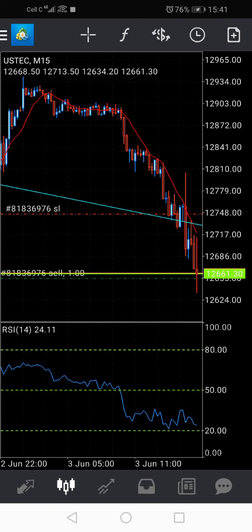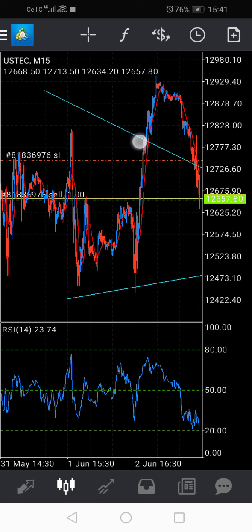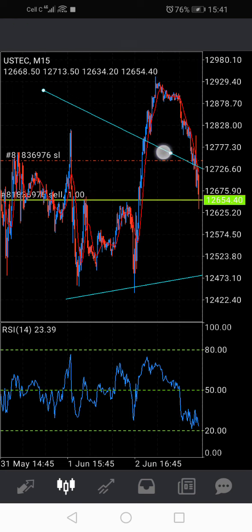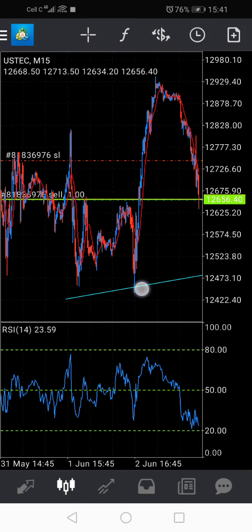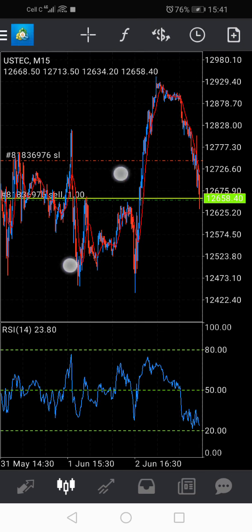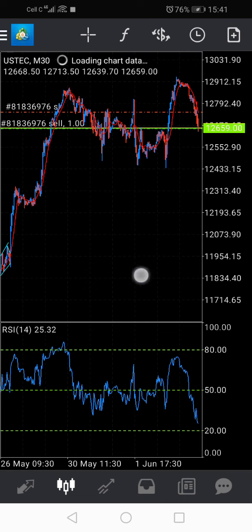And let's see, got rid of this. Why is this back? So let me just delete this trend line and delete this one. This is probably an older one. And we can delete that. And we're going to go a bit higher for my stop loss so I can have a better view.